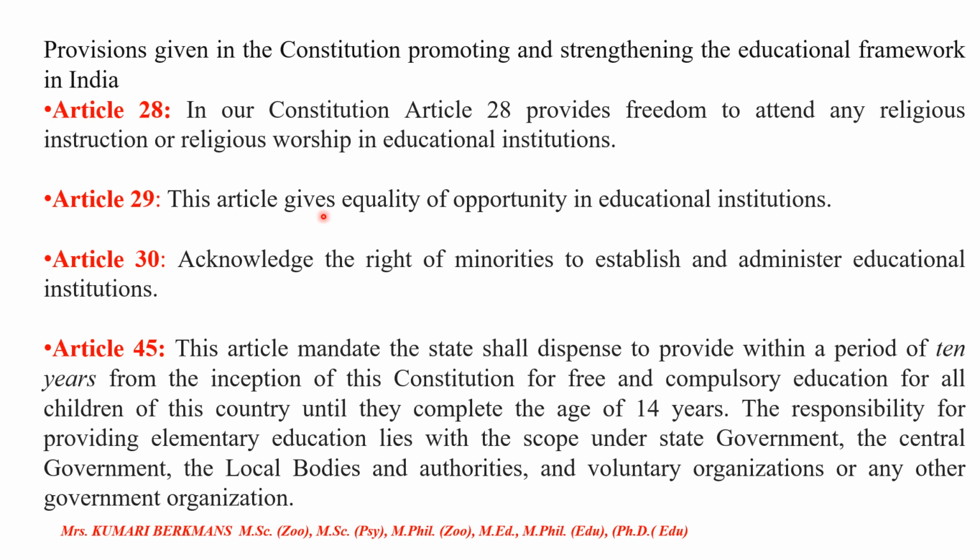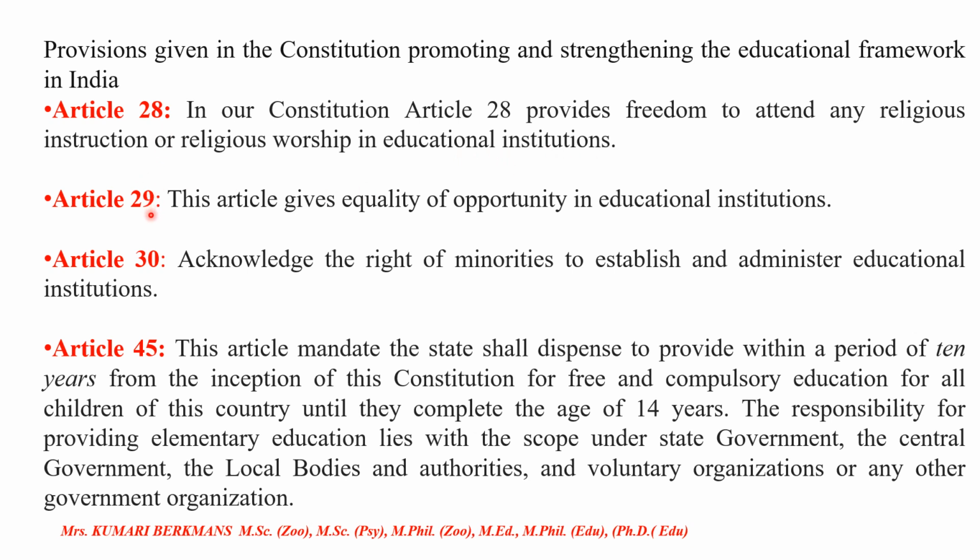Article 29. This article gives equality of opportunity in educational institutions. Equality of opportunity means no caste, no greed, nothing. Each and every one gets the opportunity in educational institutions. Article 30. Keep in mind, Article 28 is religious: all kinds of religious instruction and worship can take place in educational institutions.